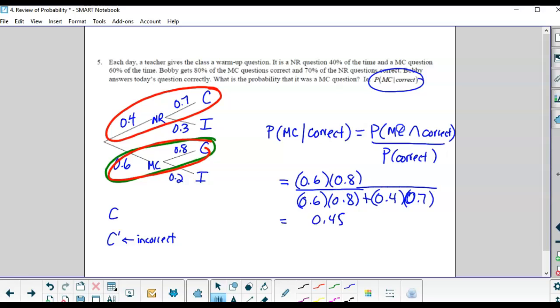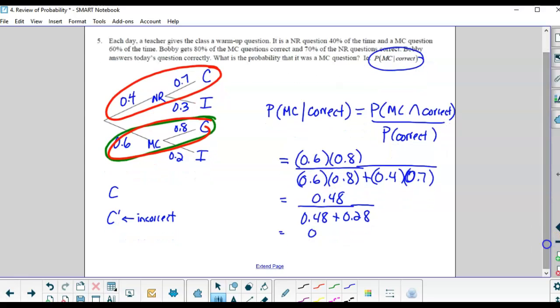Okay, so 0.48 plus 0.28 is 0.76, so 0.48 over 0.76. Do that in your calculator.